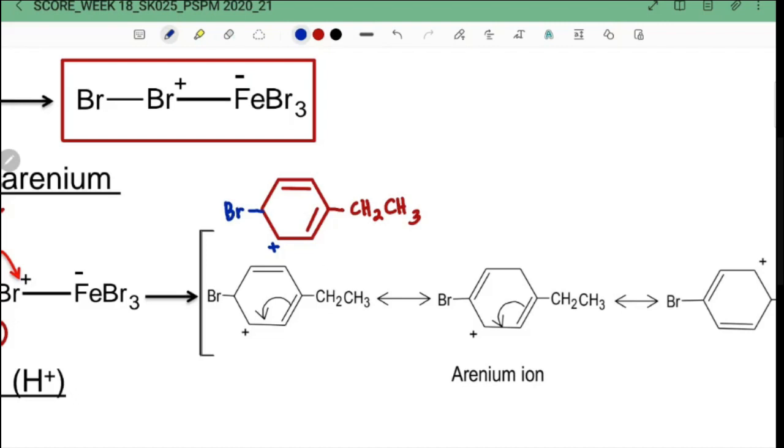So we move the double bond between itself and the positive charge to here. So we get this at the bottom.